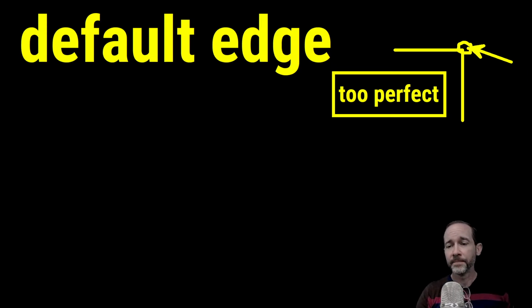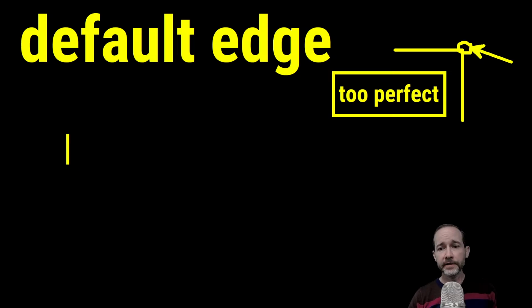And so this is too perfect, and the light will not bounce off of the edge in a way that looks convincing. Not necessarily realistic, just convincing, dynamic. Even if we're not making realistic art, often we want the image to interact with light in a way that we are familiar with and that is more nuanced.